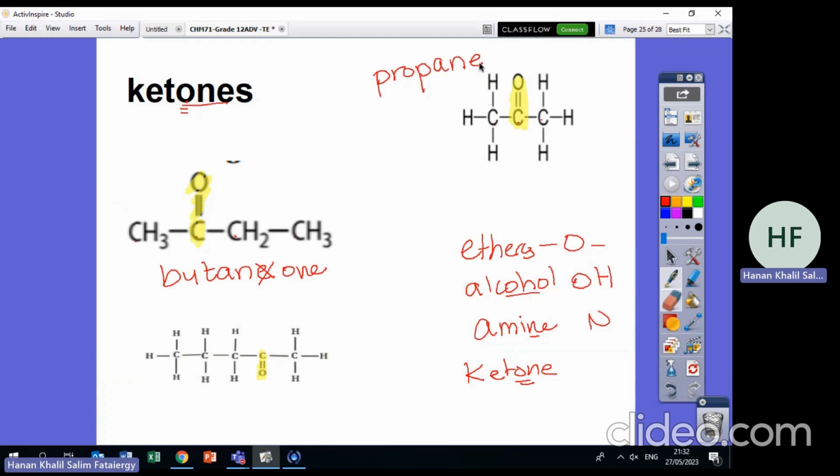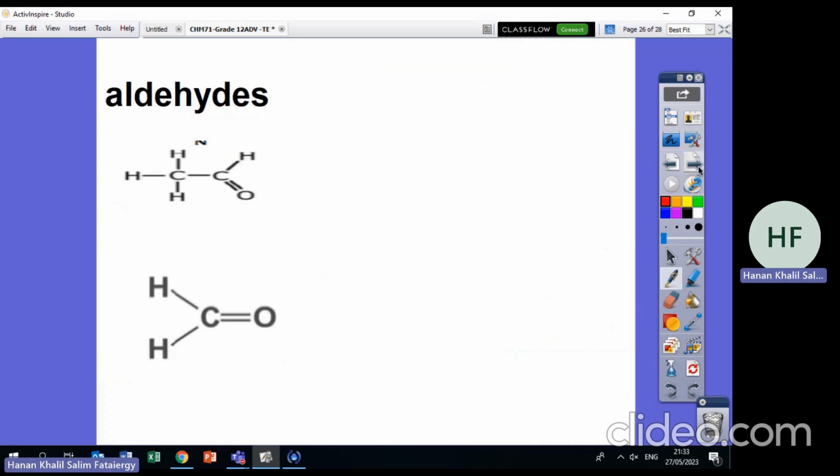I will remove the E and I will put O-N-E. So it will be propanone. Okay, 1, 2, 3, 4, 5. This is pentane. I will remove the E and I will put one, so it will be pentanone. Okay, the only thing you need to know about ketones is how do we name them.